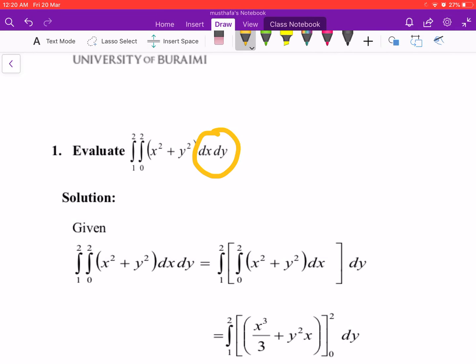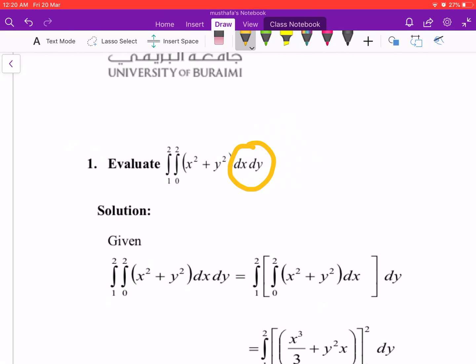Now let us see how to classify whether it is a constant limit integration or a variable limit integration. So look at this integral. There are two integrals here. Look at the limits of the inner integral first. The limits of the inner integral are 0 to 2. It shows that it is a constant term.